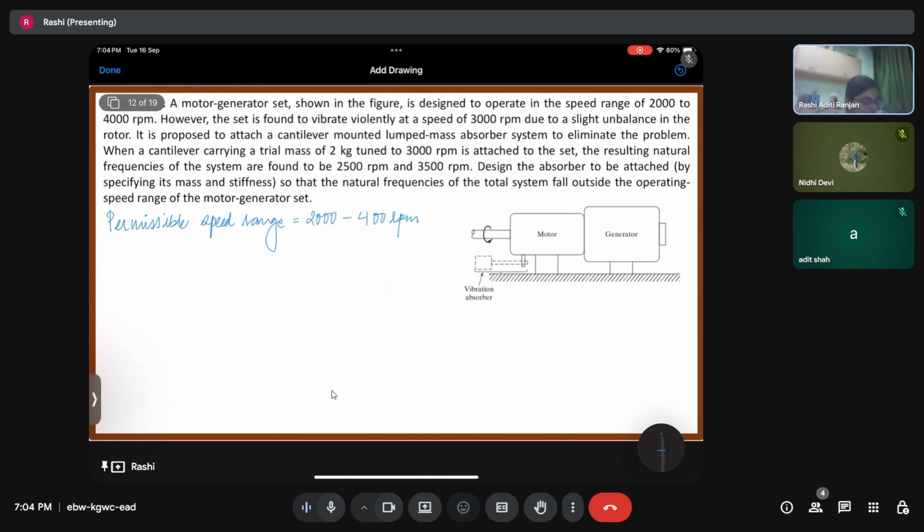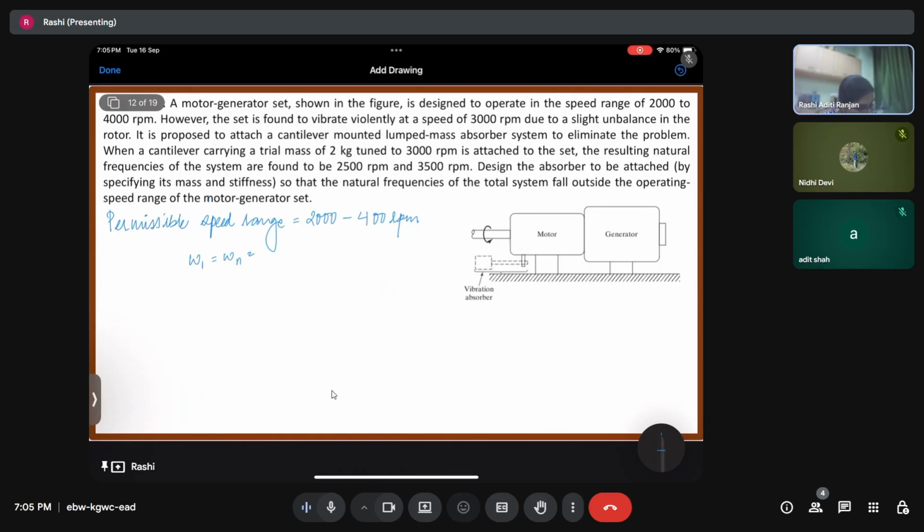However, the set is found to vibrate violently at a speed of 3000 RPM due to a slight unbalance in the rotor. So it is showing violent vibration, which means that 3000 RPM is nothing but the natural frequency of the motor generator system. So we can write omega 1 as omega n because currently it is a single degree of freedom system.